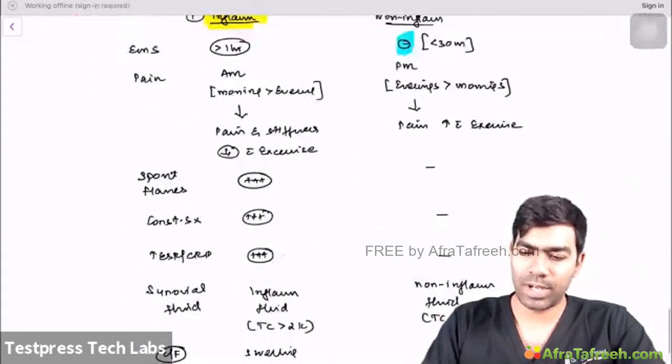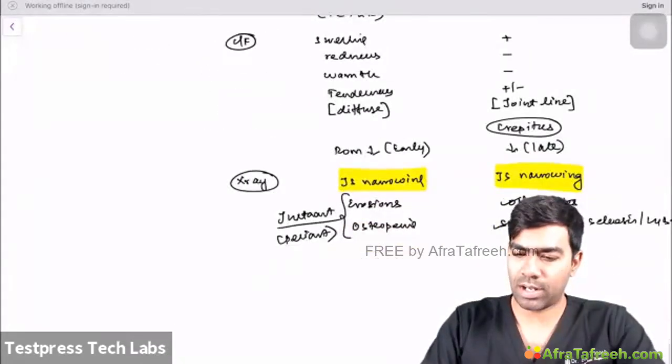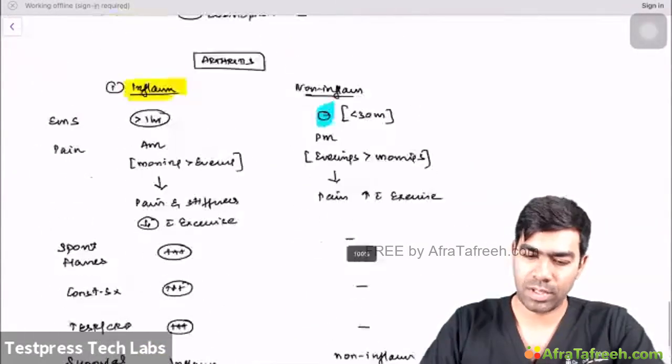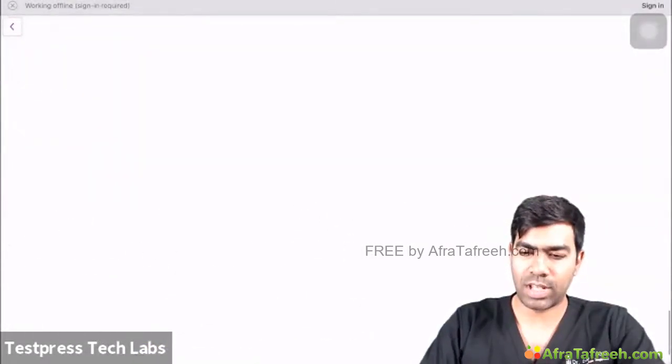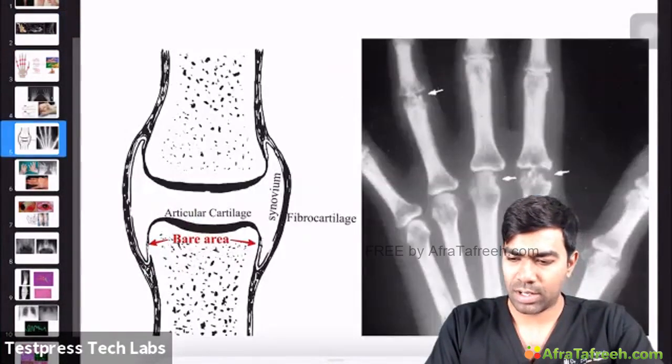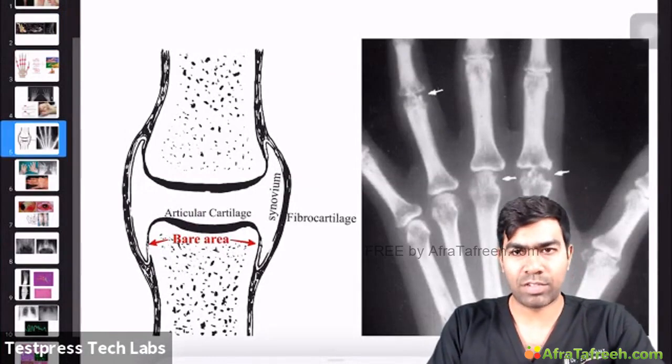And the question automatically comes: why is this periarticular region the one that is typically affected in the setting of an inflammatory arthritis? To answer that, you need to know something called the bare area of the joint.